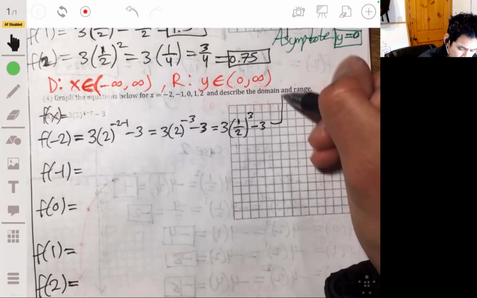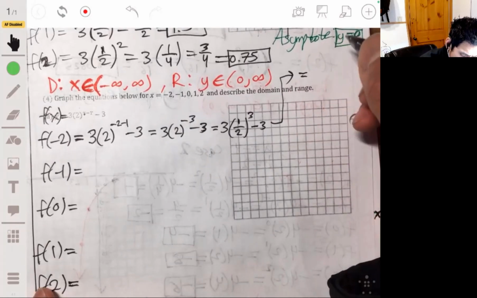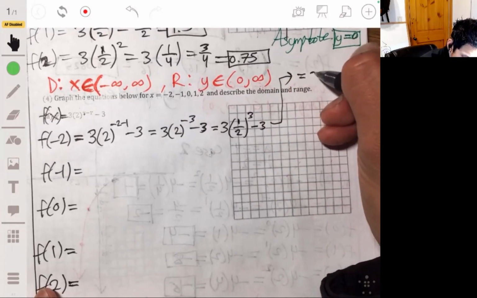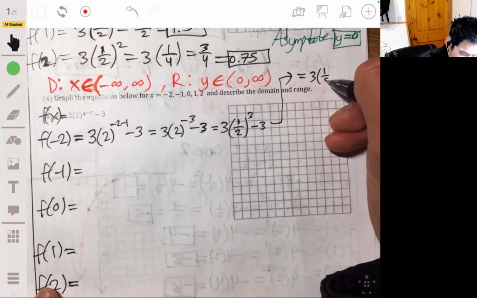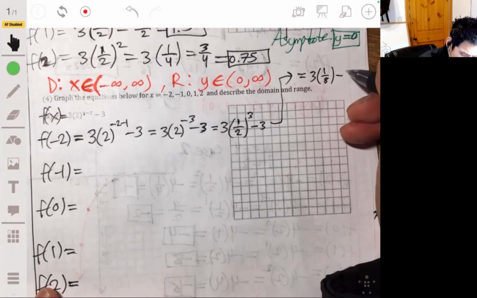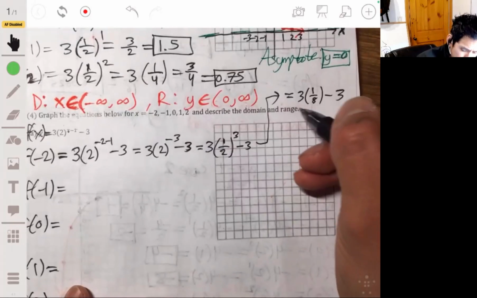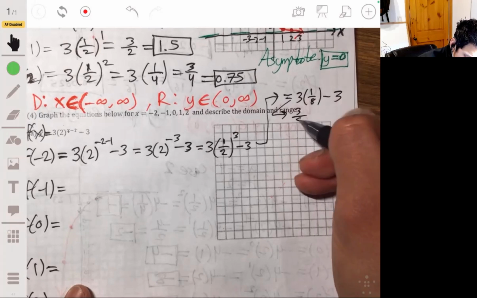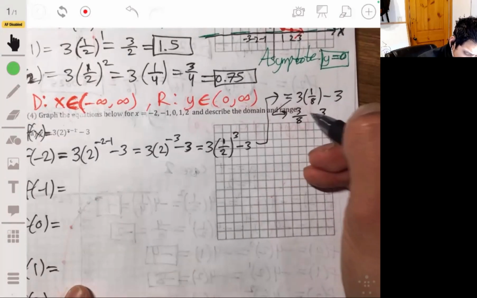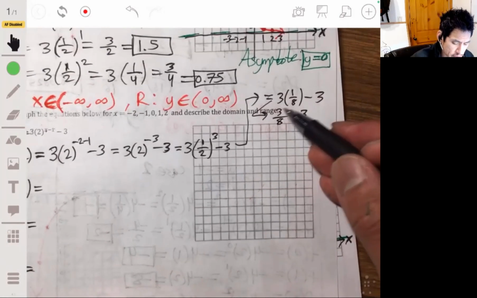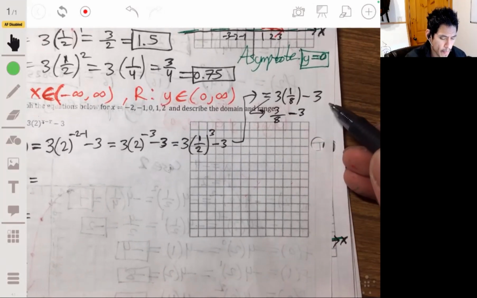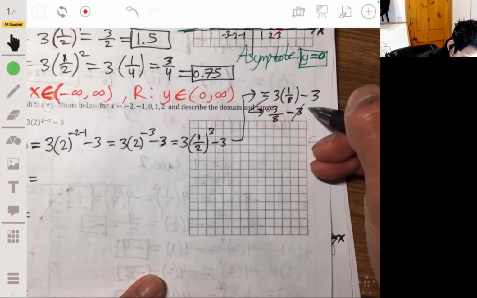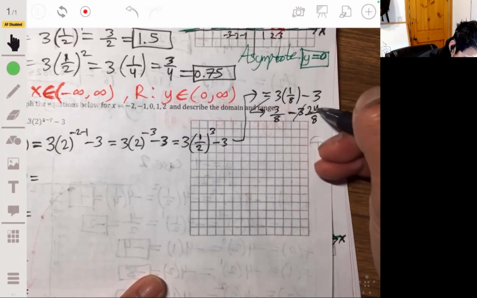And I'm going to put this up here so it doesn't get in the way. So 3 times 1/2 to the 3. So 1 to the 3 is 1 over 8. 3 times 1/8 minus 3. 3/8 minus 3. And since this is a perfect decimal, this will be about -2 point, or let's just do it. 3 minus 3 is 24 over 8.